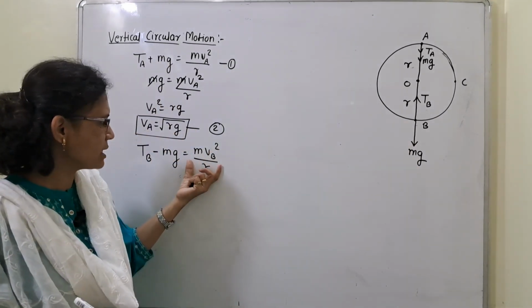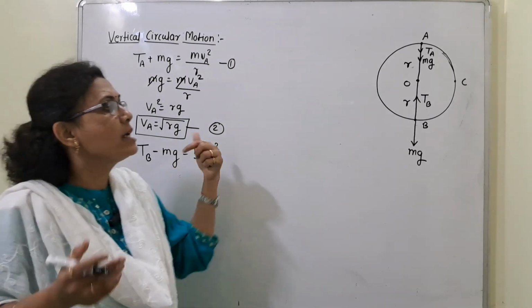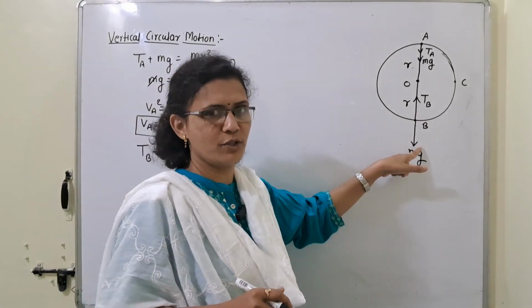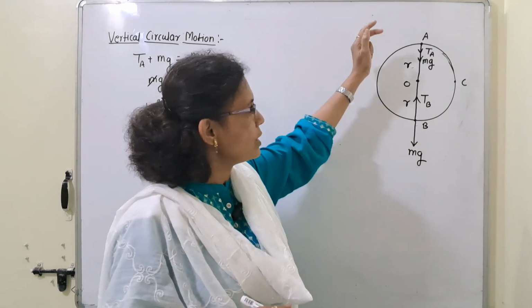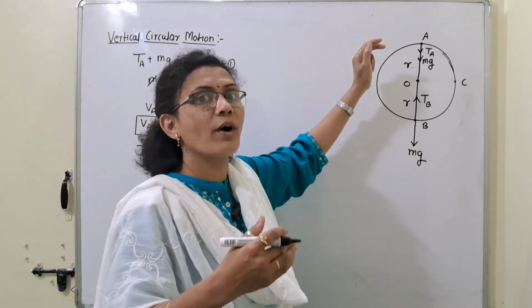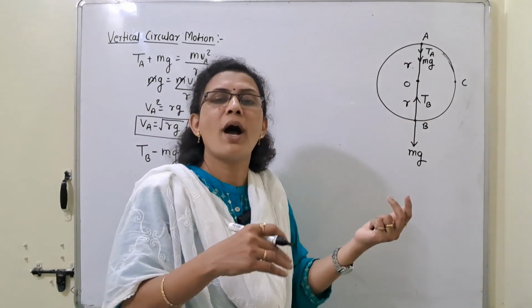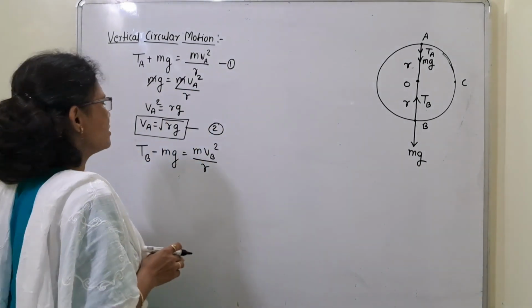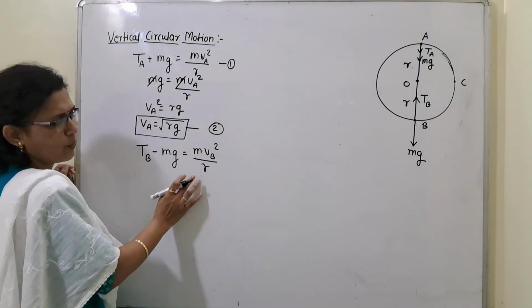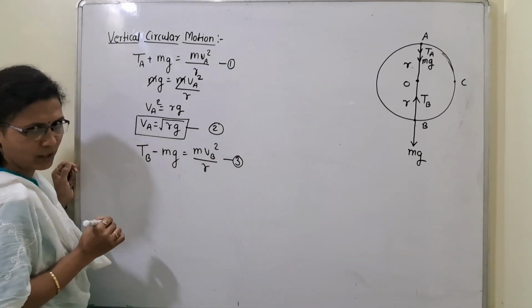The centripetal force is mvb square by r, but that force is the resultant of the subtraction of TB and mg. TB is upward, directed towards the center, so it provides centripetal force, but mg opposes it, so I have to subtract mg from TB. Let this be equation number 3.